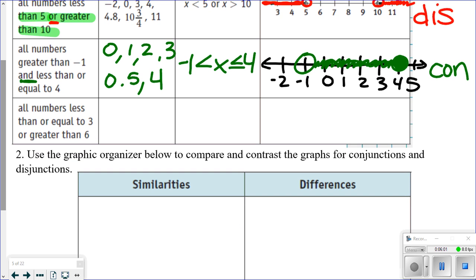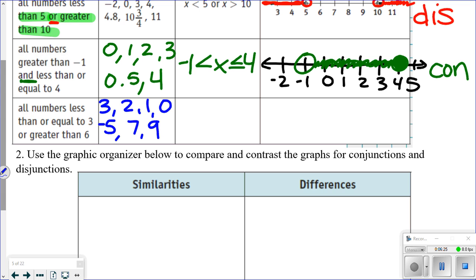And the last one, all numbers less than or equal to 3 or greater than 6. So give me a number less than or equal to 3. We have lots of negative numbers we could write down. Give me a number greater than 6. 7, 9.